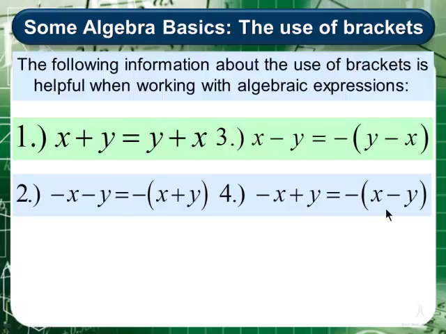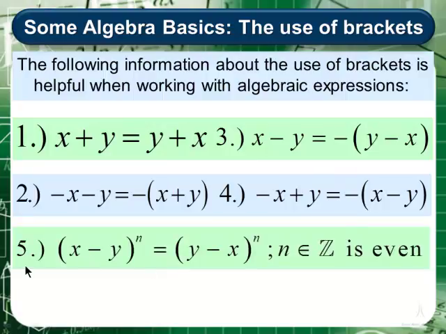Number 4, exactly the same. It's just the order of x and y are now different. In number 5, this is an important property that we need to remember.